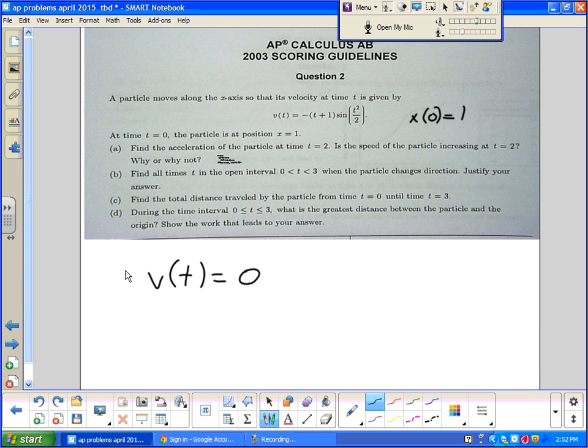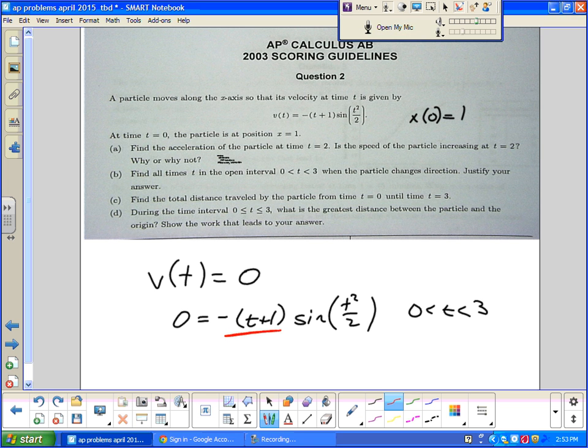Justify your answer. Okay. So start with this, guys. Do we agree that 0 equals negative t plus 1 times sine of t squared over 2? And I'm going to make sure we notice this. Now, remember, guys, this is basically a product of 2 functions.